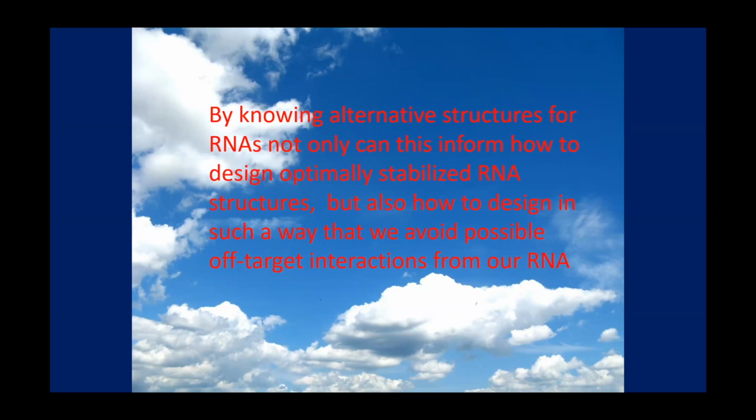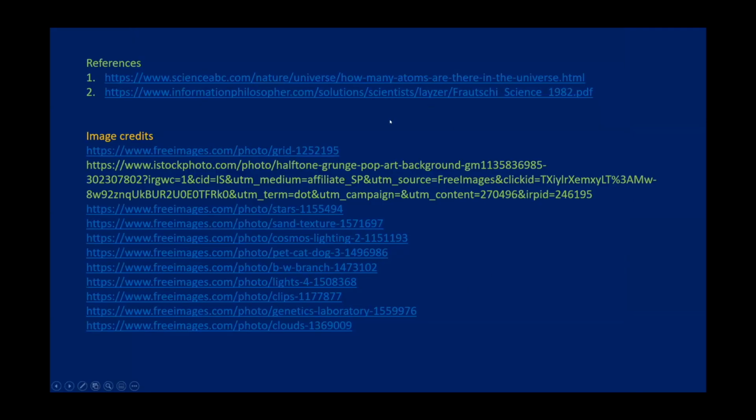And that can direct which sequences we use to better stabilize structures we want to stabilize, but also to avoid any off-target interactions from RNAs in more sensitive labs, all the way back from logic gates, all the way through to our ribosome editing, mRNA editing labs. This is applicable. And that's it.